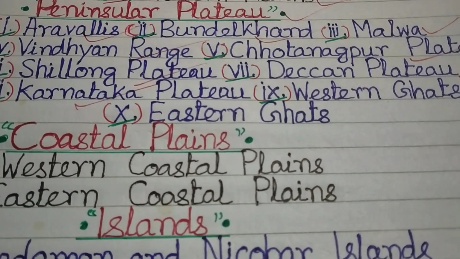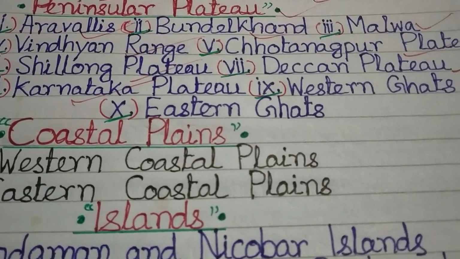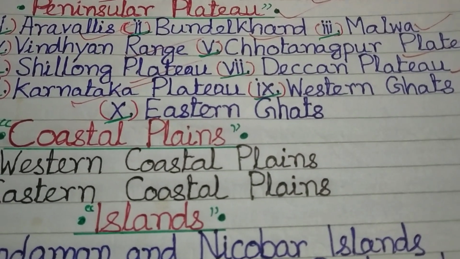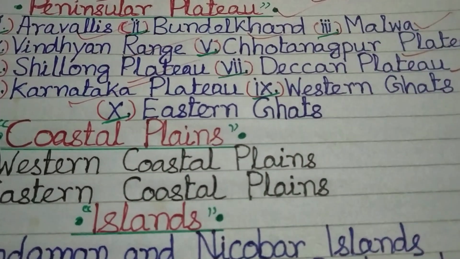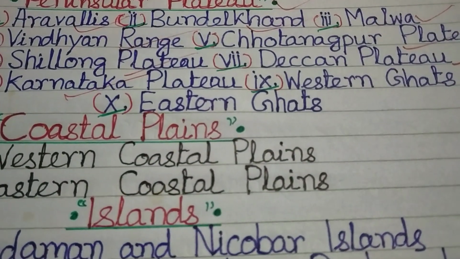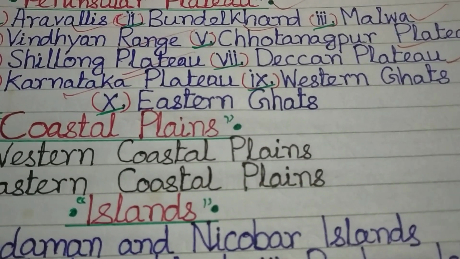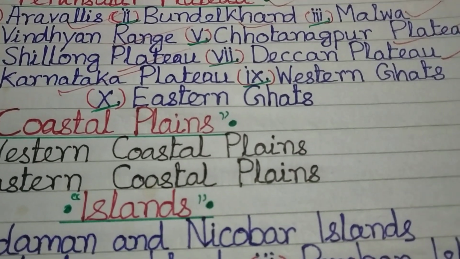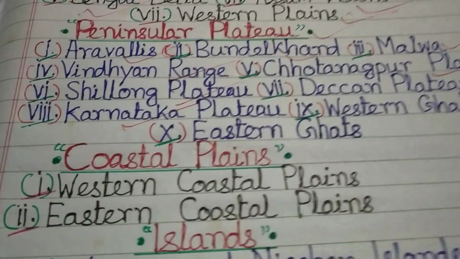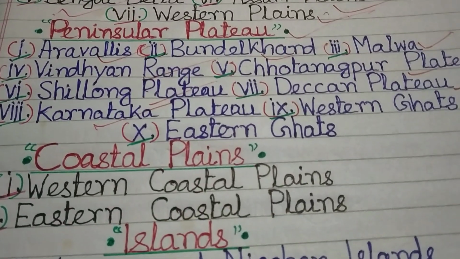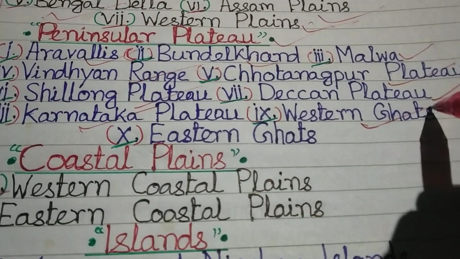Malnad is the western thickly forested highland with a series of hills and ranges, the highest of them being the Baba Budan group. Maidan is the rolling plateau surface of generally low relief. The difference is reflected more significantly in their human geography. And now we'll go to the next division, that is the Western Ghats.